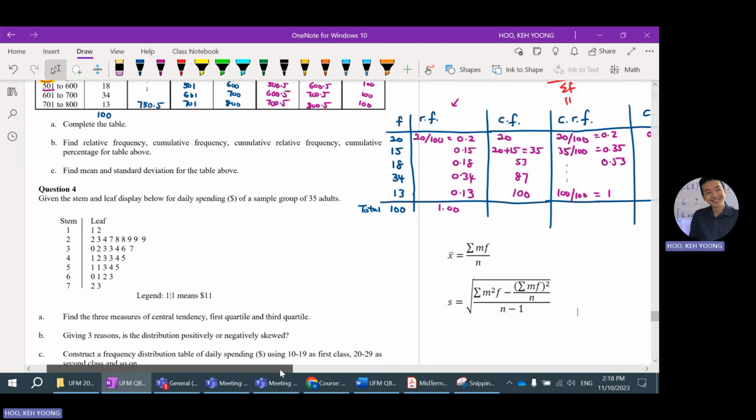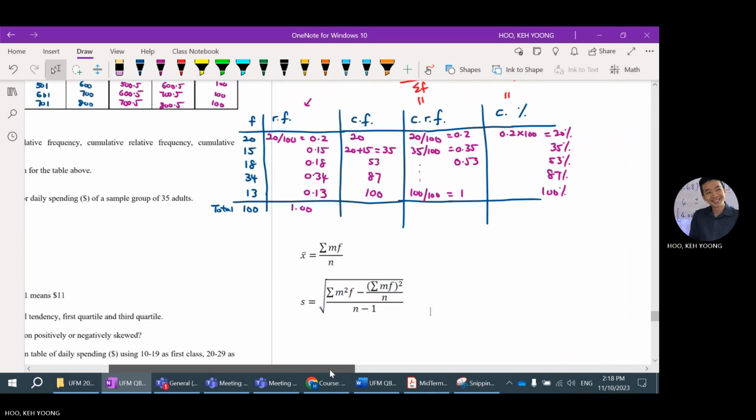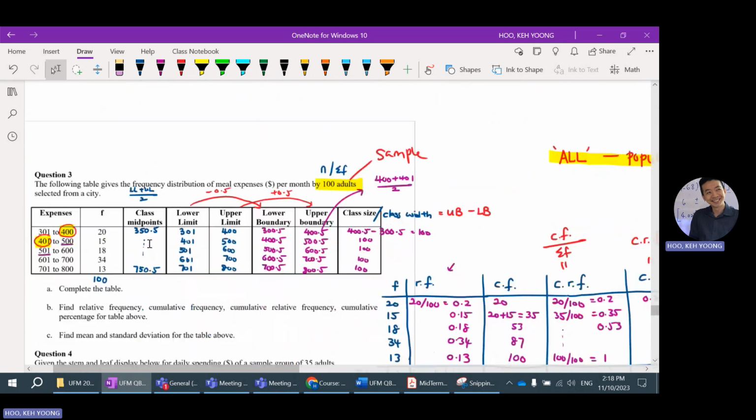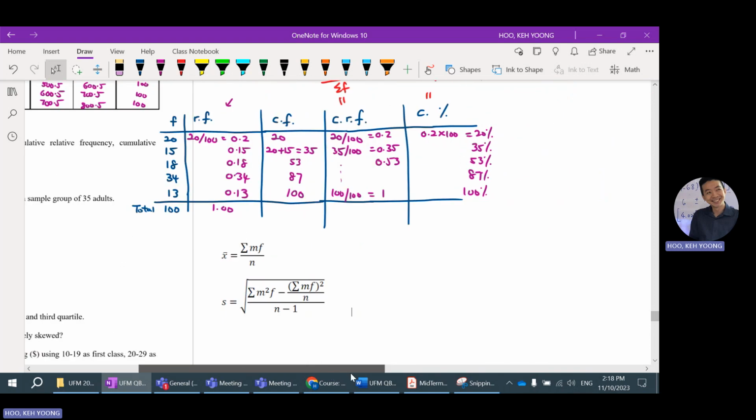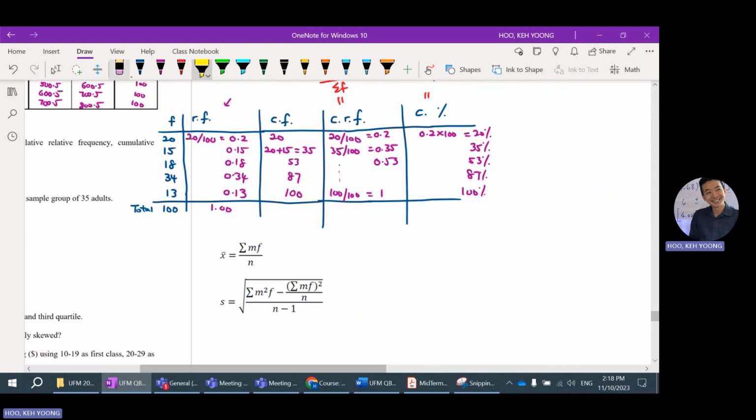You use these two formulas. You already got your class midpoint and the frequency, so what you will have to find would be MF and M squared F.